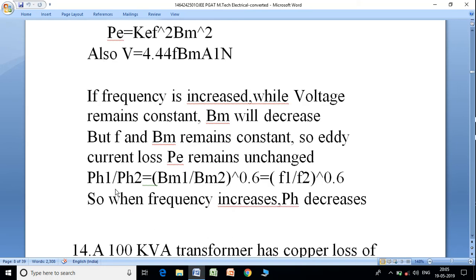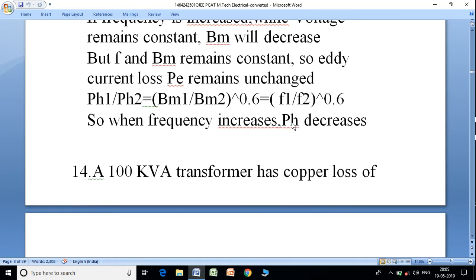Therefore, Ph1 by Ph2 equals Bm1 by Bm2 to the power 1.6, which is equal to F1 by F2 to the square. So when frequency increases, the hysteresis loss increases.